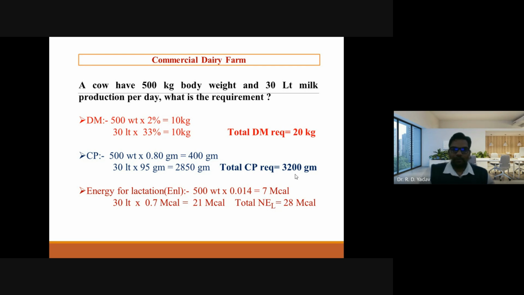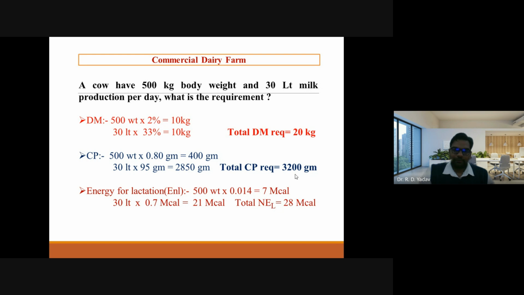In case of milk production, there is a dry matter requirement for milk production also, as I have already discussed, for each kg of milk production on the basis of fat percentage, in case of cattle and in case of buffalo also. So whatever milk production is given, for example 30 liters, in general we have to consider 33% of that milk production to fulfill the dry matter requirement.